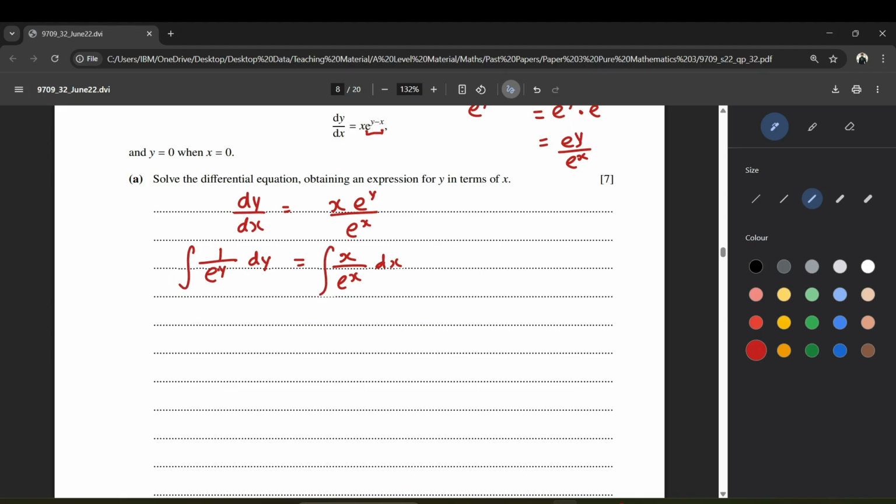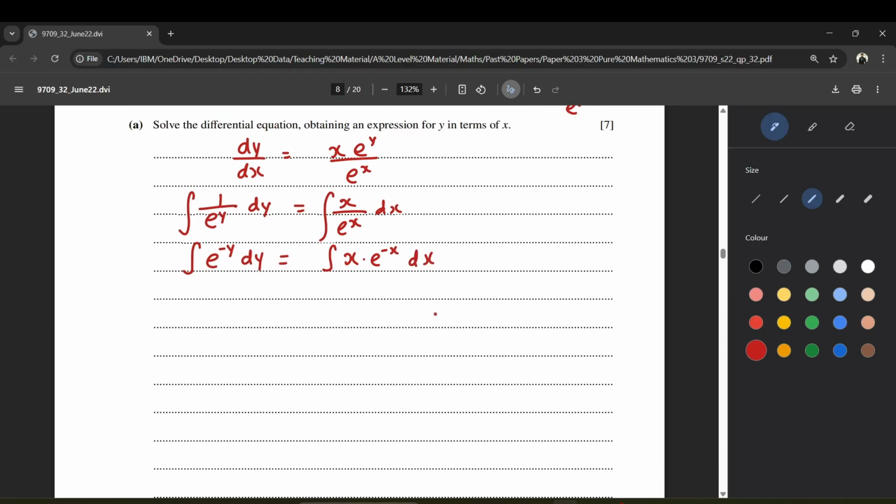Integrating, this becomes the integral of e to the power minus y with respect to y, and this becomes the integral of x times e to the power minus x dx. This one is pretty simple, but this one is a product of two functions being integrated, so here we use integration by parts.